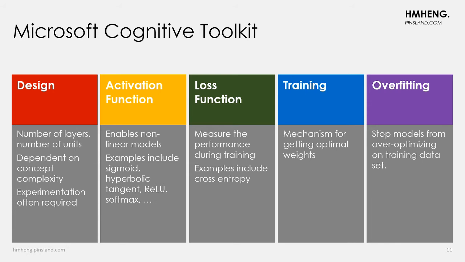And second will be activation functions, which enable you to use some of the nonlinear models, and loss functions. Then training, you've got to train your models with mechanisms to get the optimal weights, so that you always get very accurate results. And overfitting, so you have to ensure that your model is not over-optimizing on some of the training data set.